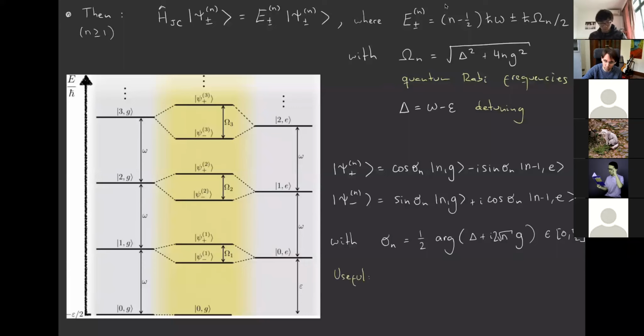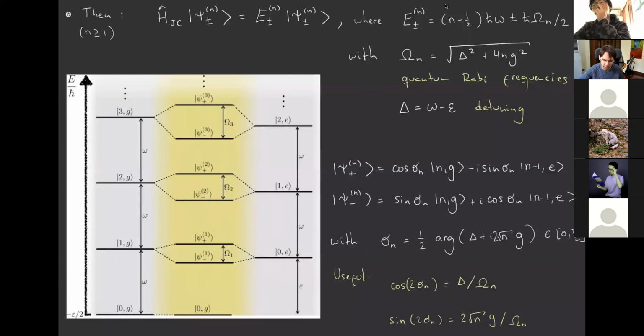It's very easy to prove that this angle theta satisfies relations in which I can write the cosine of theta and the sine of theta in very simple terms, just as the detuning divided by the Rabi frequency, or the square root of the coupling part of the Rabi frequency, divided by the Rabi frequency, okay? This is just a useful expression that we will use later.